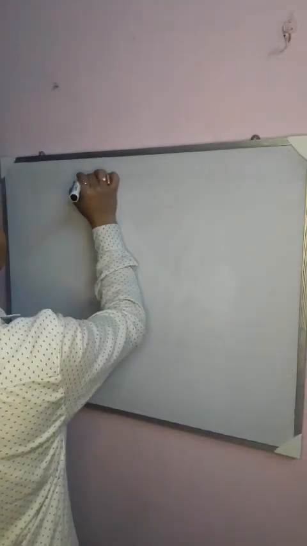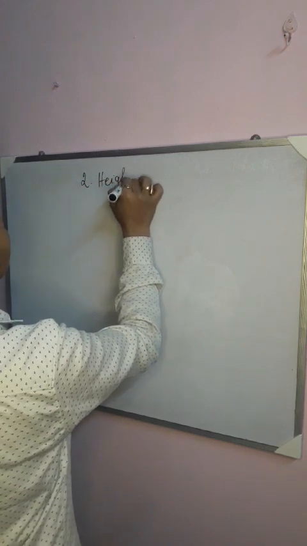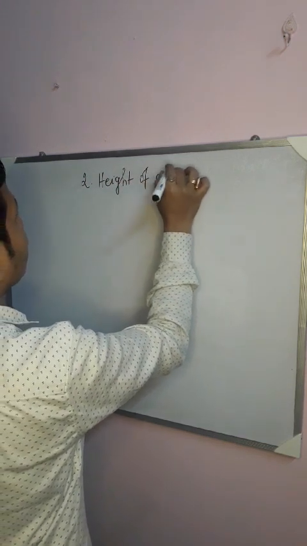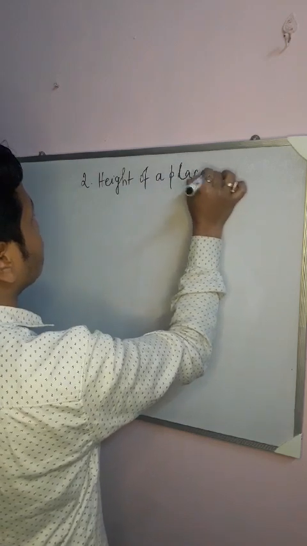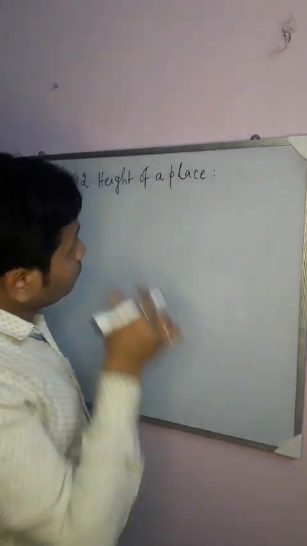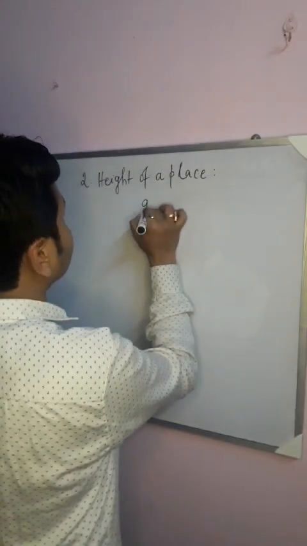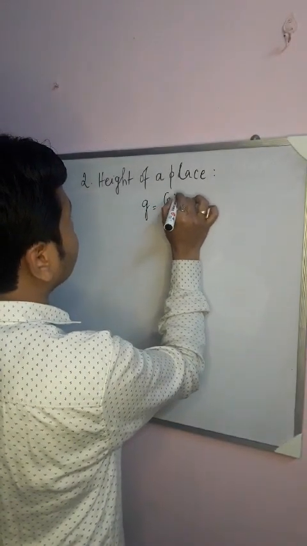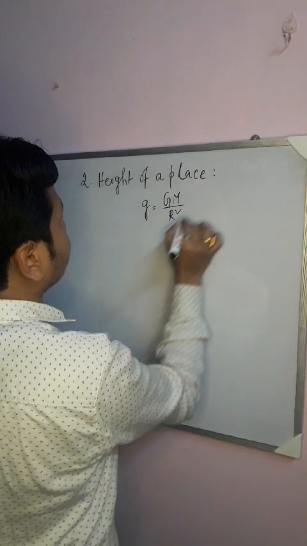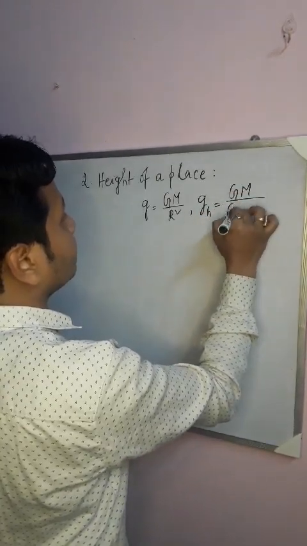Now another use is to determine the height of a place. How? We all know that the acceleration due to gravity at the surface of earth can be written in this way, and that at a height h from earth's surface can be written in this way.